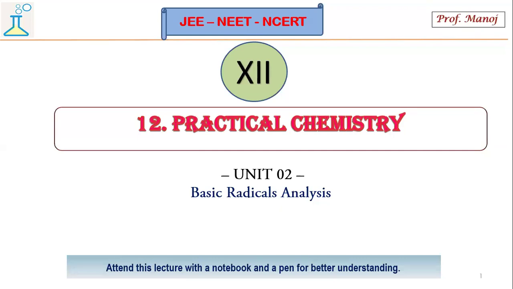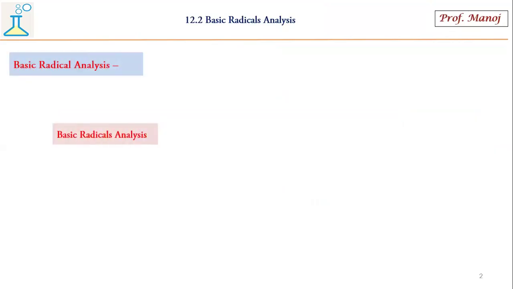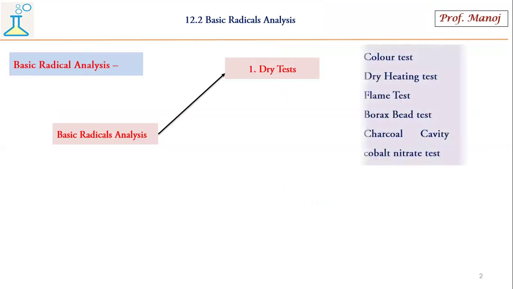Now in basic radicals analysis, the steps are going to be totally different from what we did under acidic. In basic radicals analysis, the first step is called the dry test. We begin only with dry tests, and the dry tests which we are going to study in our course are 5. First is the color test.